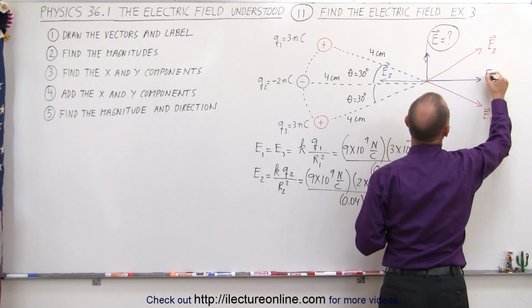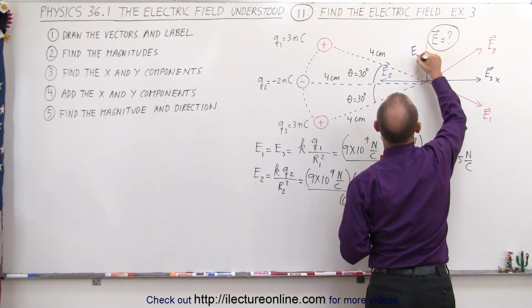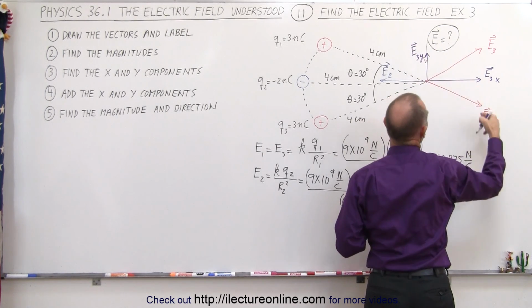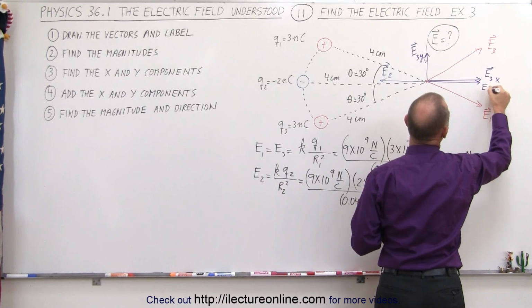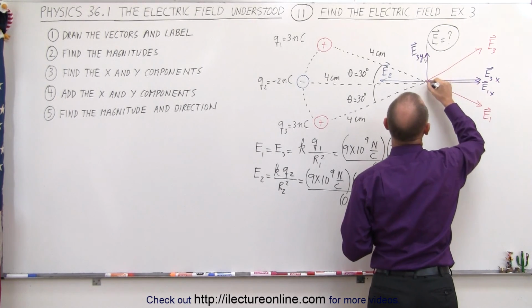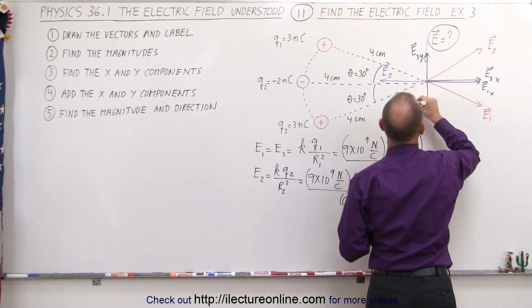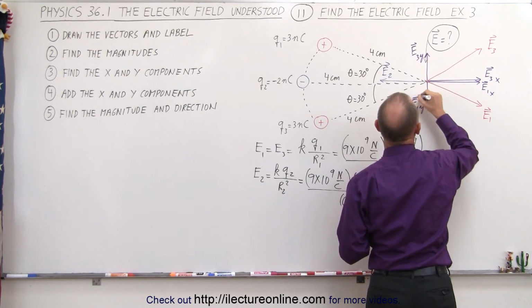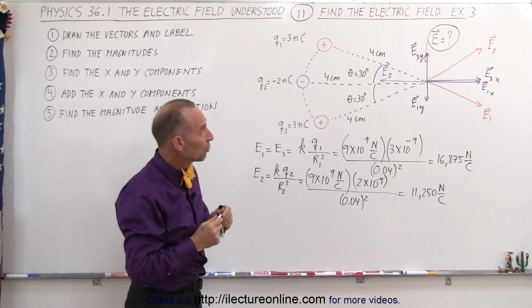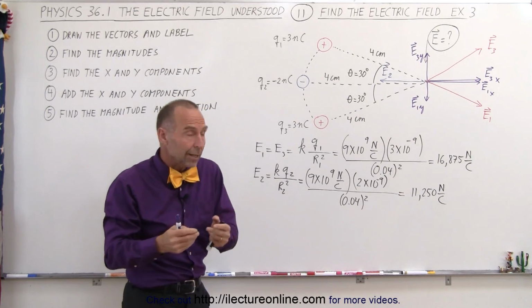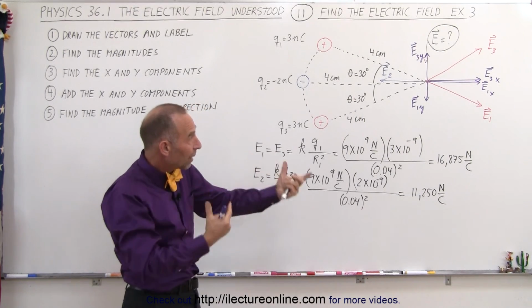This would be E3 in the x direction, and this would be E3 in the y direction. And same for E1, I have a component in the x direction, E1x, and a component in the y direction, E1y.